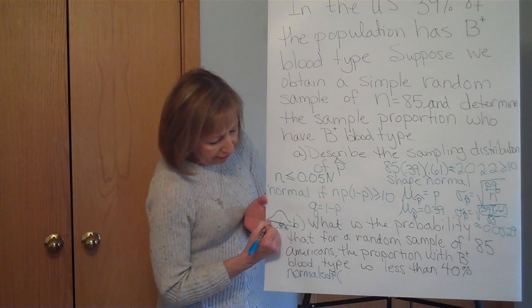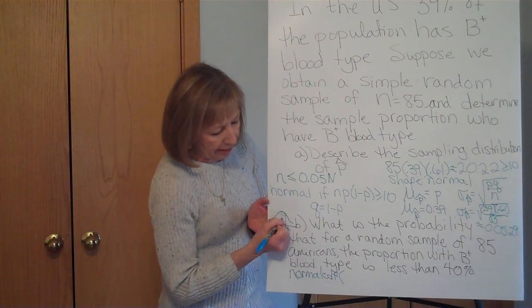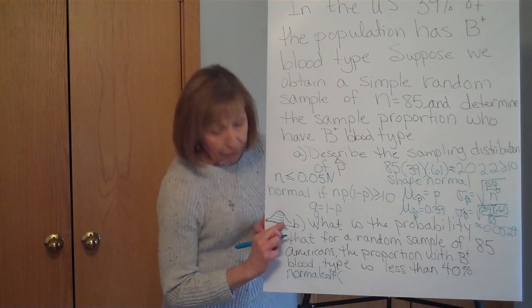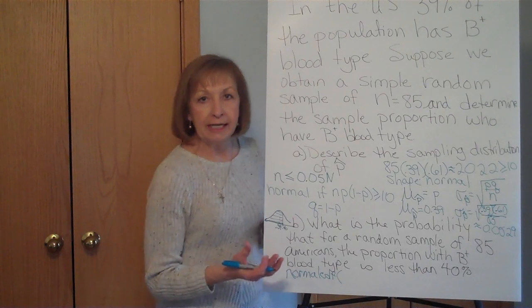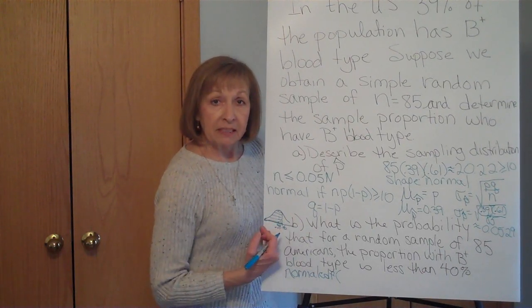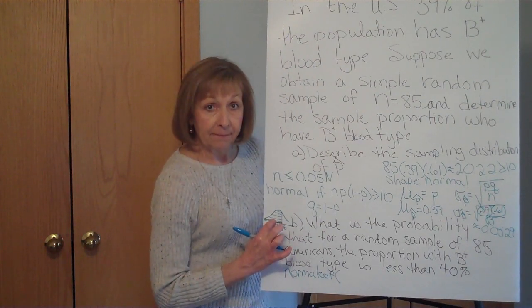So forever to the left of that, we'll draw a vertical bar at 0.40, and we'll shade, and that's the probability we're looking for. So visually, we can see that we're shading more than half the graph. The whole area is 1, so I'm expecting a value that's more than 0.5 for my probability.